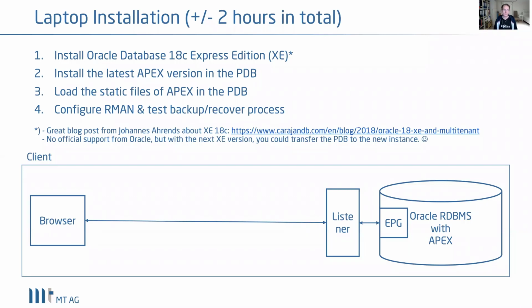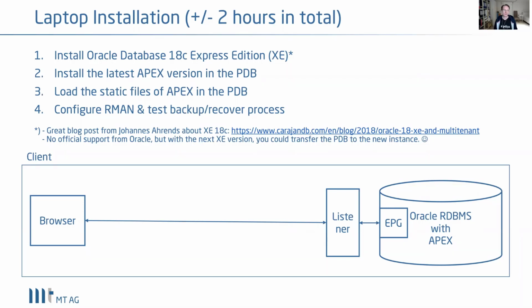Your laptop installation takes you maybe 2 hours in total. You install the Express Edition. It's still on version 18c, that's the latest version, but there should be a new version of the Express Edition coming out this year. With the Express Edition, you get 12 gigabyte of data for free.